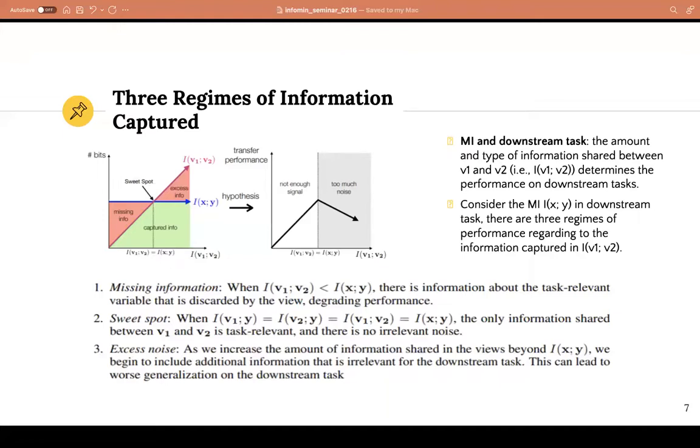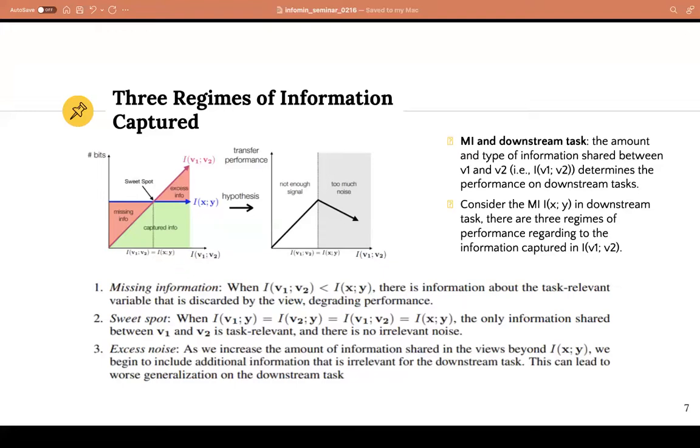In that spot, the information shared by the two views is exactly what we need in the downstream task. And if we increase further, we will get excess noise, and it will lead to worse generalization on the downstream task.